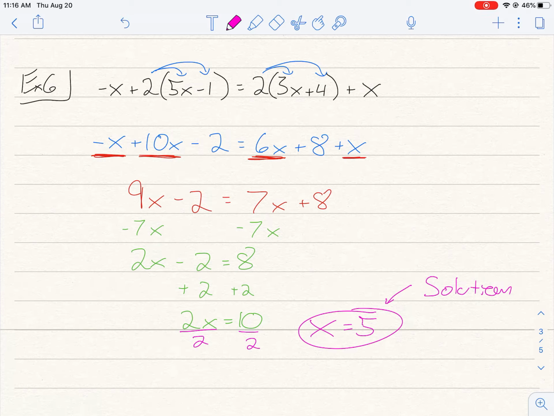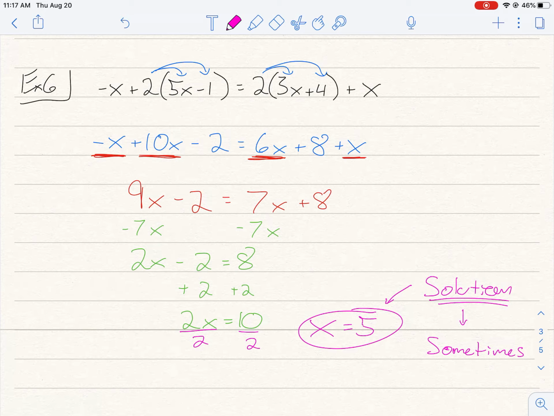Now, comparing it to, is this always true, sometimes true, or never true? Because we only have this one solution here, it means that this is a sometimes. The reason being is that the only time this expression is true here is when x is equal to 5.